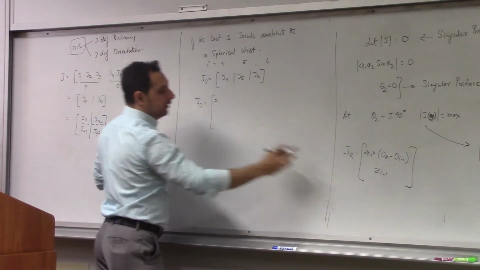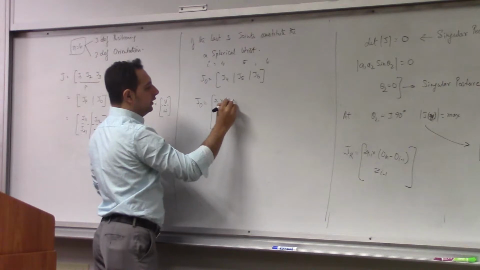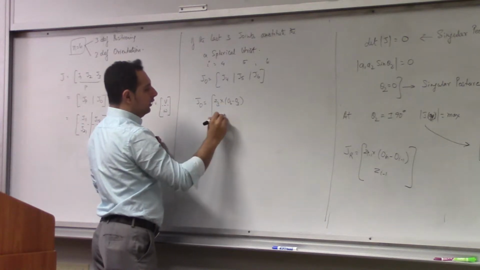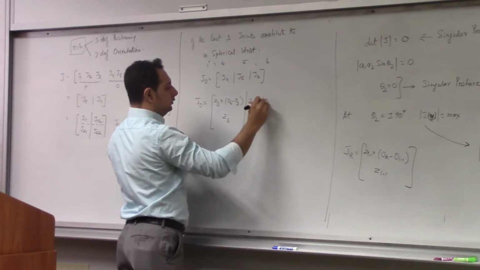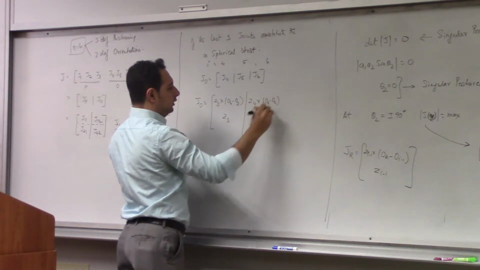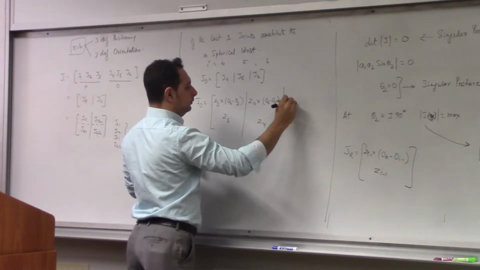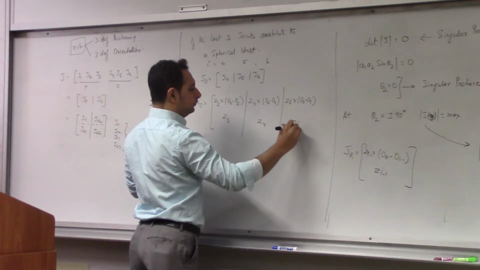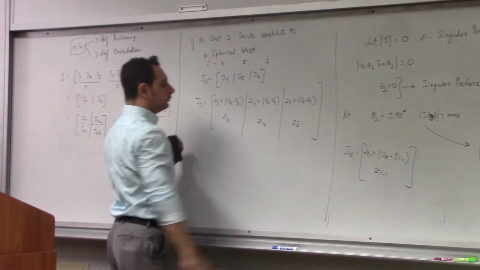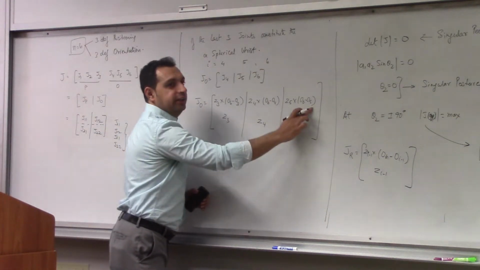This will be Z3 cross (O6 minus O3), and this is Z3. Z4. Because it's a spherical wrist, all these origins coincide. This will be 0.